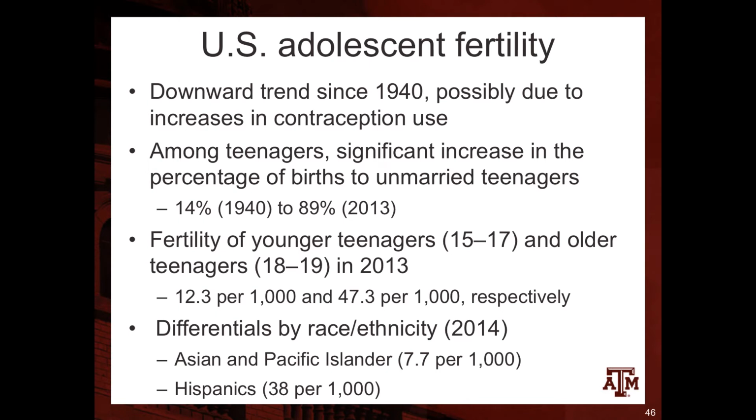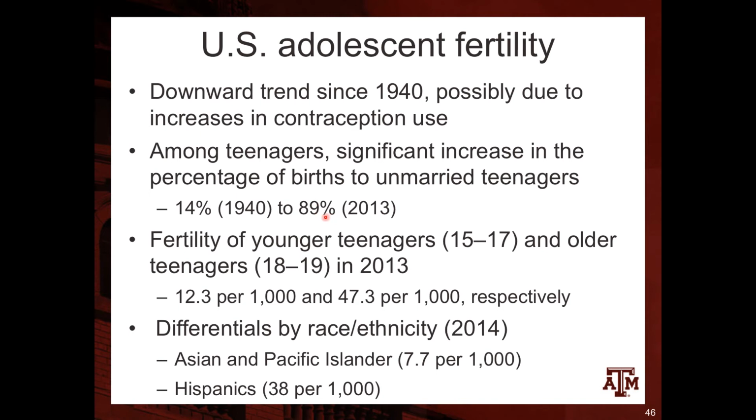So you see overall a decline in adolescent fertility in the US since the 1940s, but those teenagers that have children tend to not be married. Among those teenagers that had children in 1940, only 14% of them were not married. And now in more recent years, in 2013, 89% of those teenagers in the US who had children were not married.